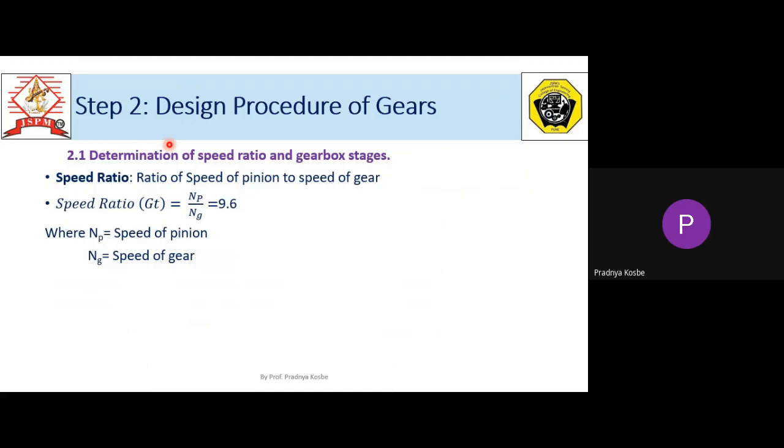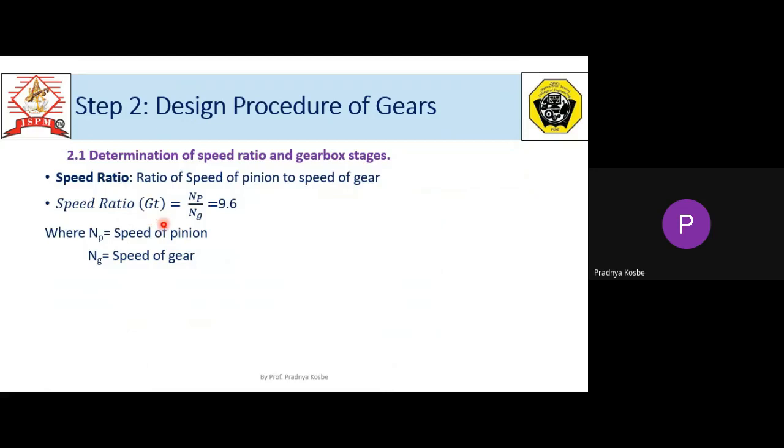So for designing the gear pair, first, 2.1, determination of speed ratio and gearbox stages. Speed ratio is the speed of pinion to speed of gear. So total speed ratio GT.